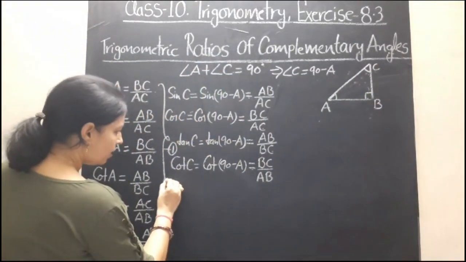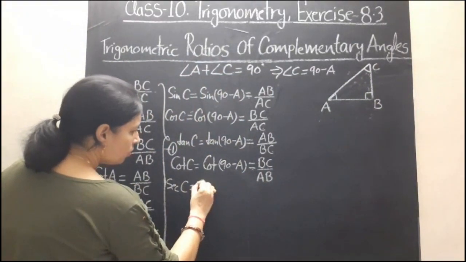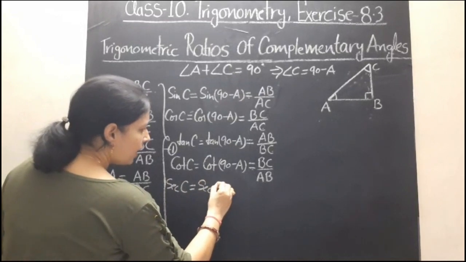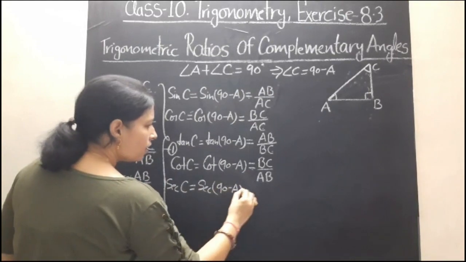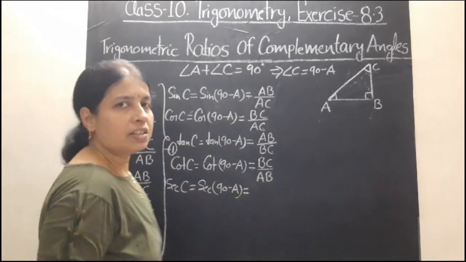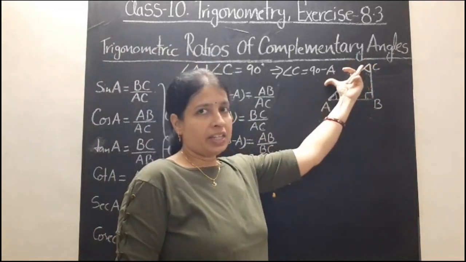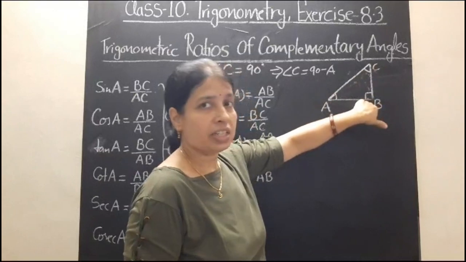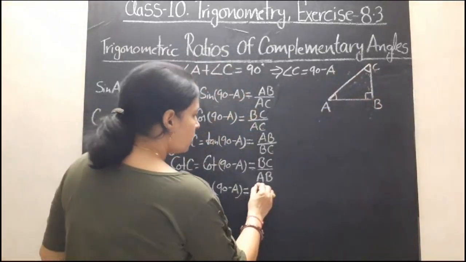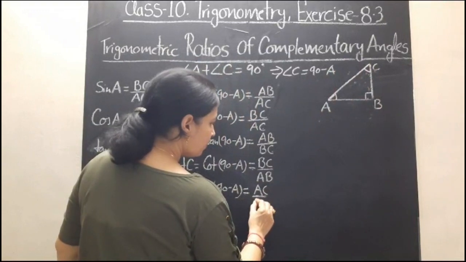Then sec C is equal to sec 90 minus A. Sec 90 minus A will be, for this angle, hypotenuse AC by base, which is BC here.